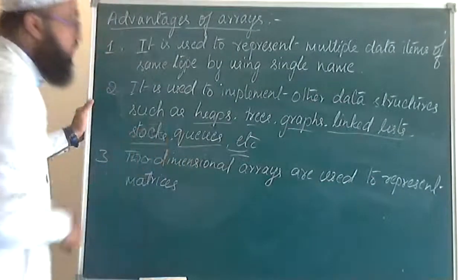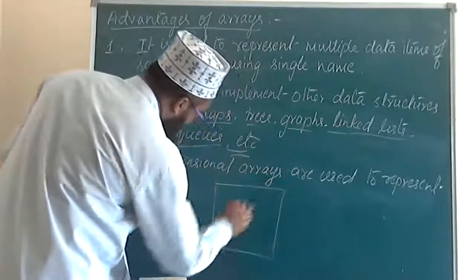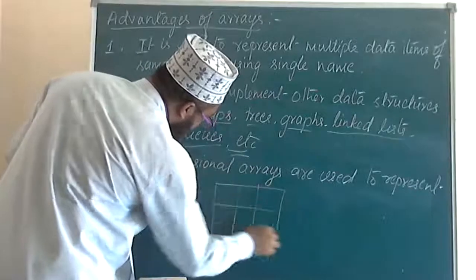I have already shown you the same thing in applications. Matrix means we will take a two-dimensional array as an example.